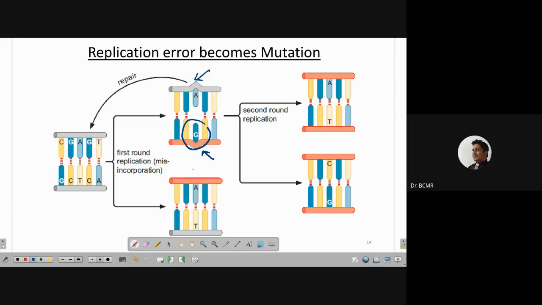So it is something like half a mutation. If this particular mismatch escapes the repair mechanisms and undergoes replication, then it becomes a fully established mutation, as you can see here, CG. That is how a replication error becomes a mutation. Otherwise, normally, repair mechanisms will restore it to the native state.